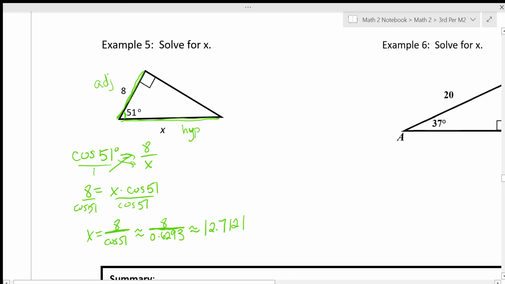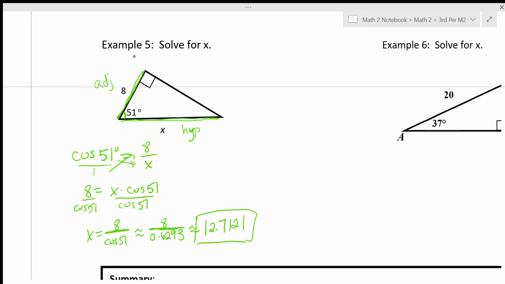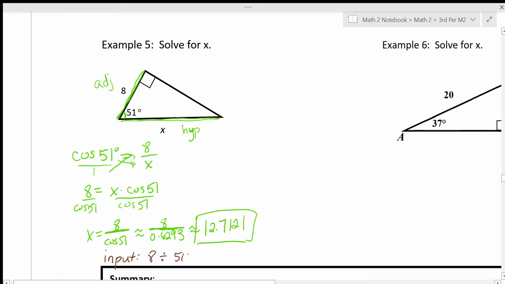That's what I got when I input into my calculator. Here's what you press: 8 divided by 51 cosine equals.